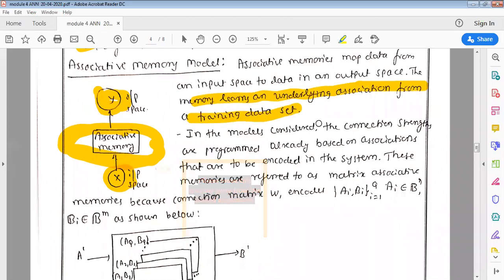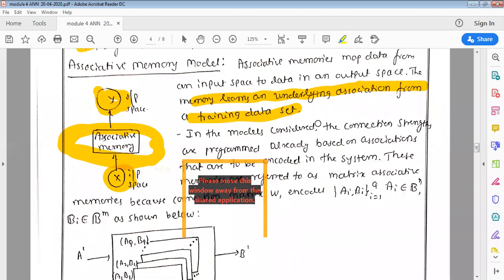Why should you train it? You should train the memory such that what input gets mapped to what output. Let us say input 1 maps to output 4, input 5 maps to output 3, input 6 maps to output 1, like this. How you have mapped an input space into output space is the job of associative memory. That is why we train it.